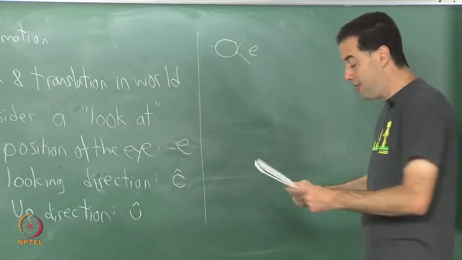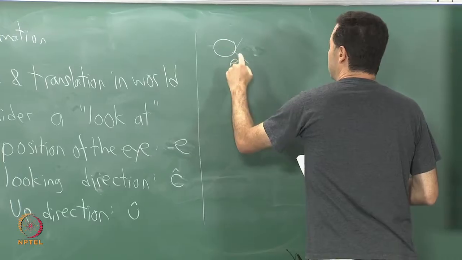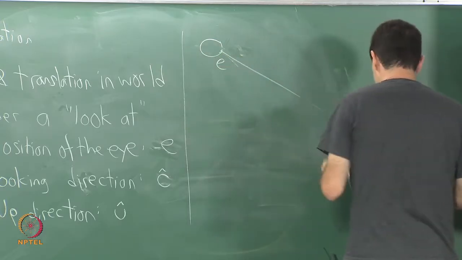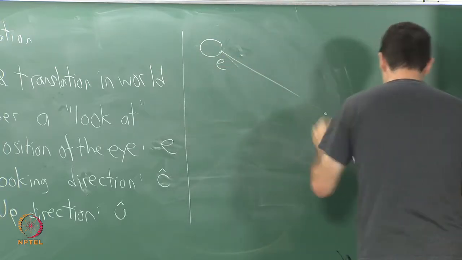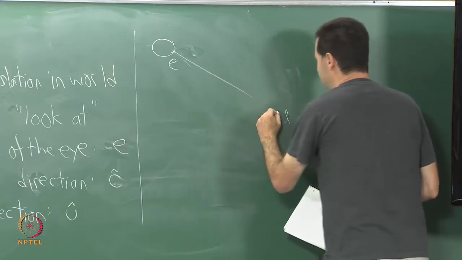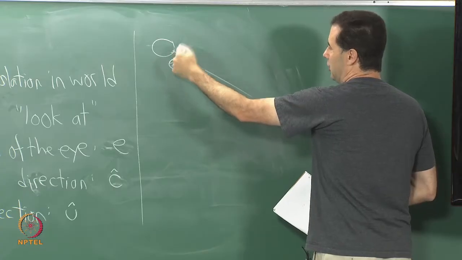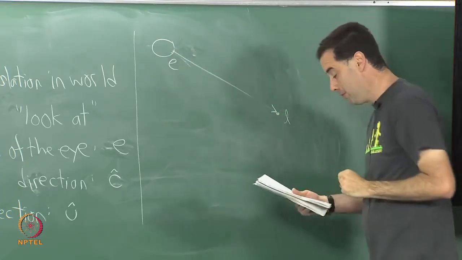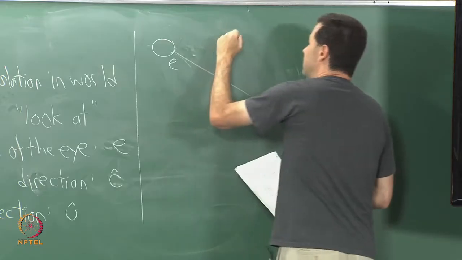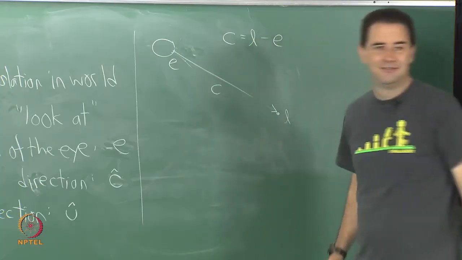I will call that E. And then if you're told that the pupil is looking at a particular point, call it L, then you get a vector that corresponds to traveling from the pupil to the point L. So I can just call this vector C. I'll say that C is, just using the simple Cartesian coordinates of the world, L minus E. Right, so that gives me that vector.